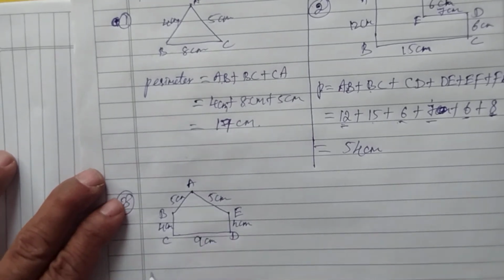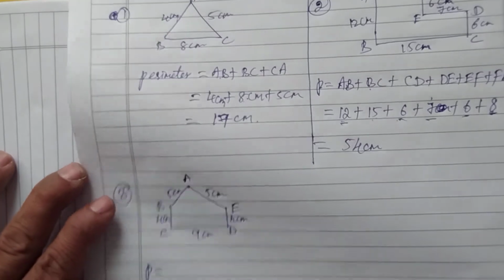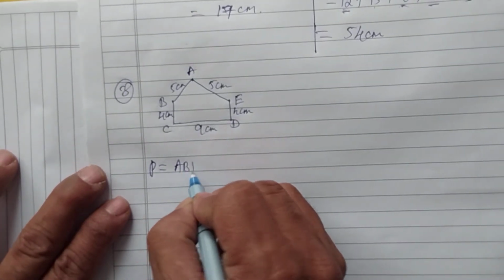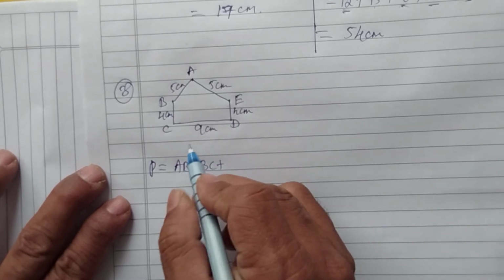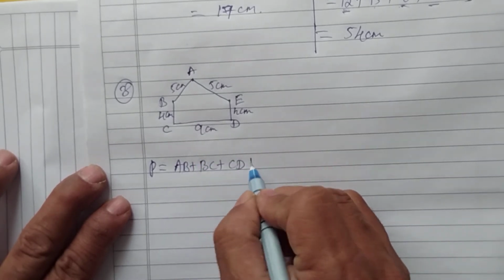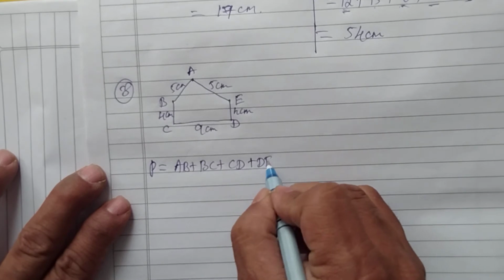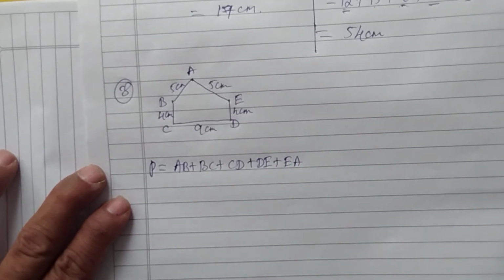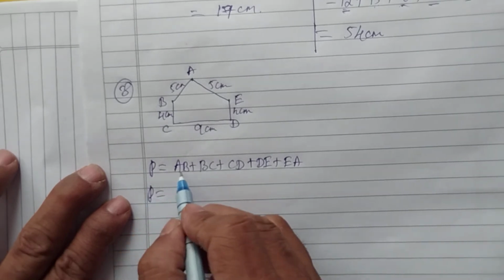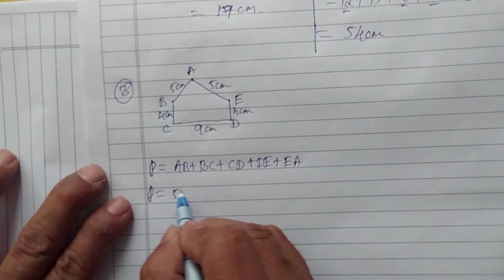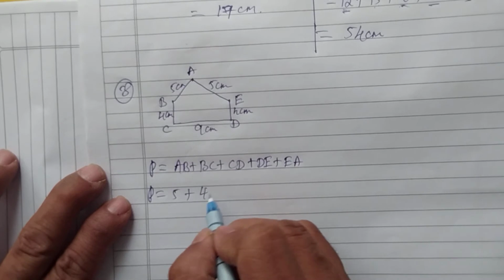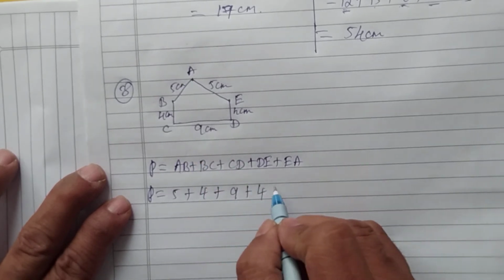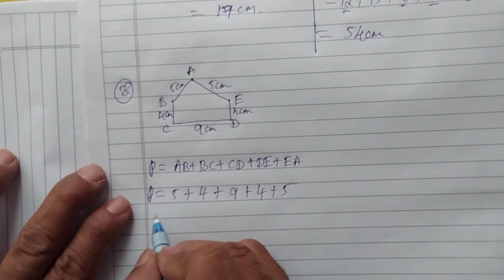Now you have to take perimeter P is equal to AB plus BC plus CD plus DE plus EA. Now you put the value: AB is equal to 5 centimeter, BC 4 centimeter, CD 9 plus DE 4 plus EA 5.